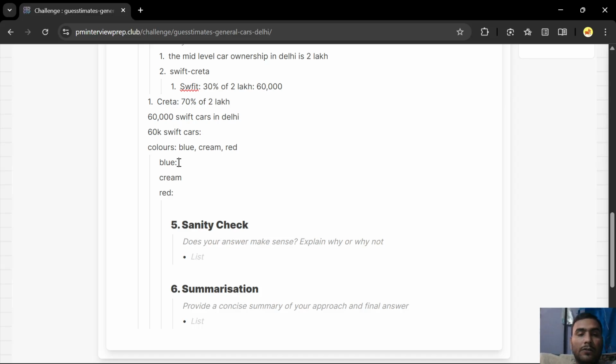I would say 80% of the Swift cars that I've seen on the road are of white or vanilla color. And the rest, blue and red, can be divided equally, 10% and 10%.